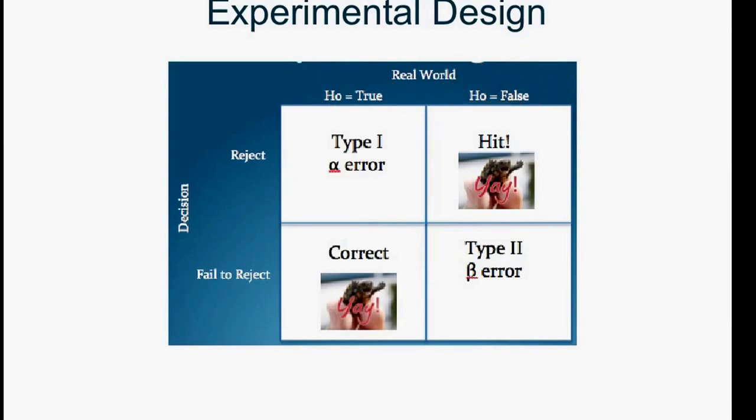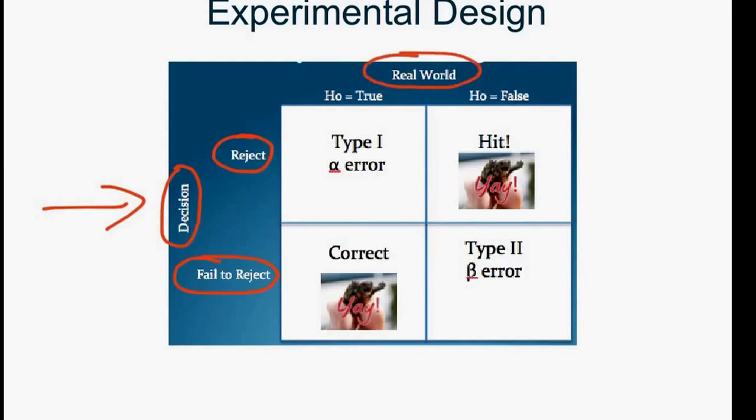So let me clean this up a little bit. Now what happens instead is that we are operating on the left side of this diagram here. We have to make a decision based on our sample data. And that decision is either to reject the null or fail to reject the null. So there is an objective truth out there, and we're making a decision trying to estimate or infer what that truth is.